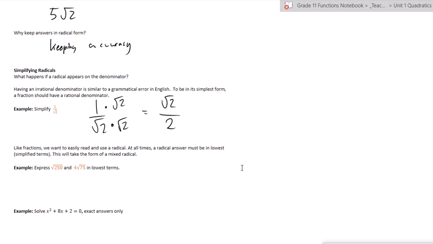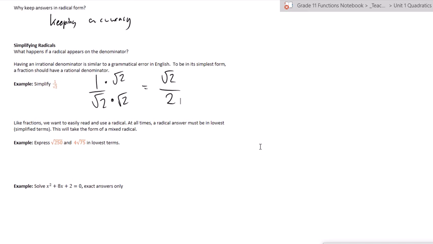Now, like fractions, we want to easily read and use a radical at all times. A radical answer must be in lowest simplified terms, and this takes the form, most often, of a mixed radical. So we're going to express the root of 250 and 4 root 75 in lowest terms. Now, the way we go about this: with radicals, for instance, let's do root 10 very quickly.